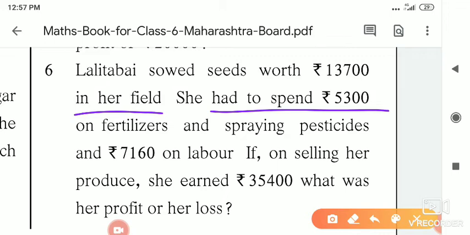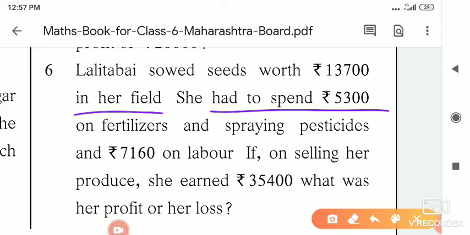So in this transaction also, first of all we have to find the total CP, and after getting the total CP, we have to compare the CP and SP, and then we will get the answer to our question, whether she got a profit or a loss. Let me repeat it once.